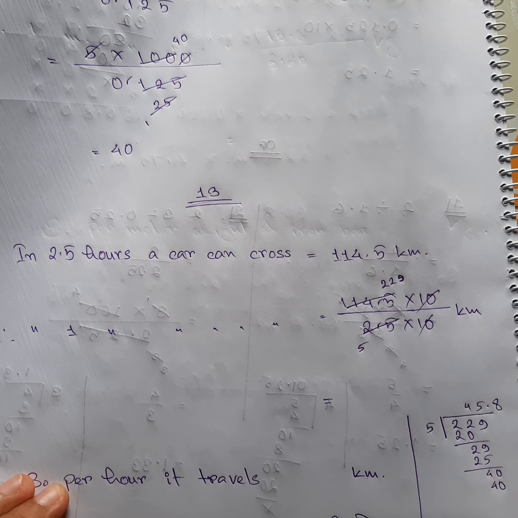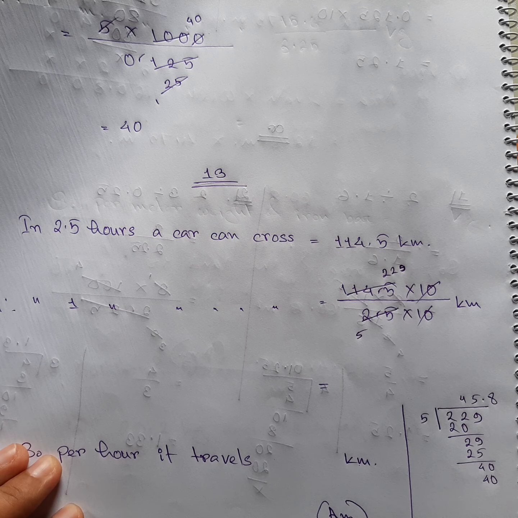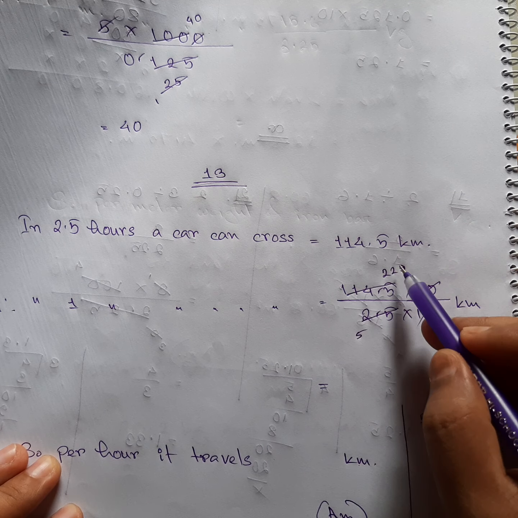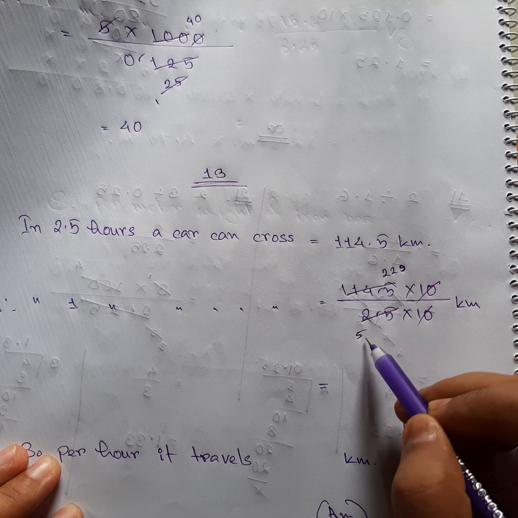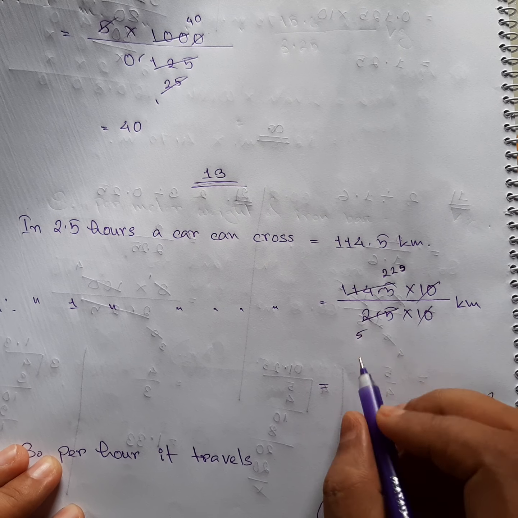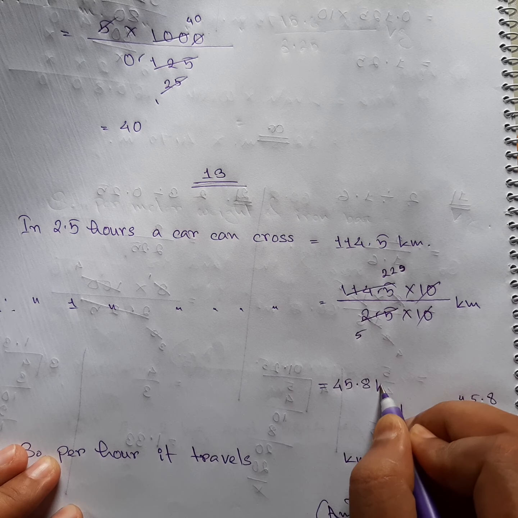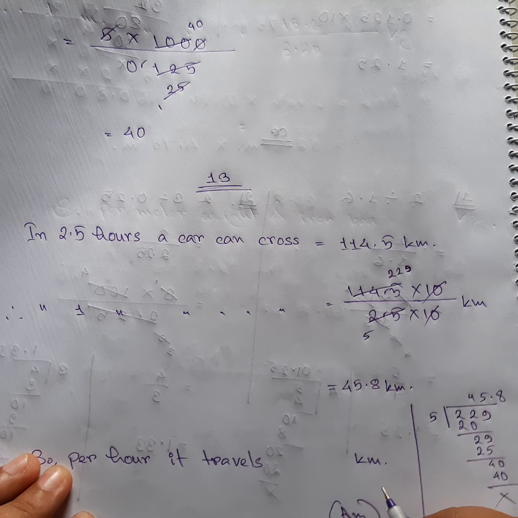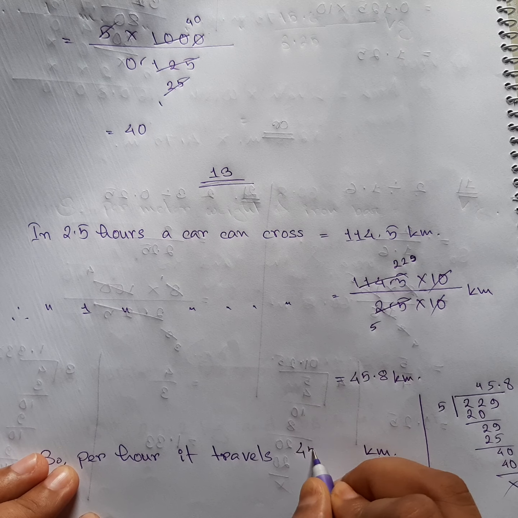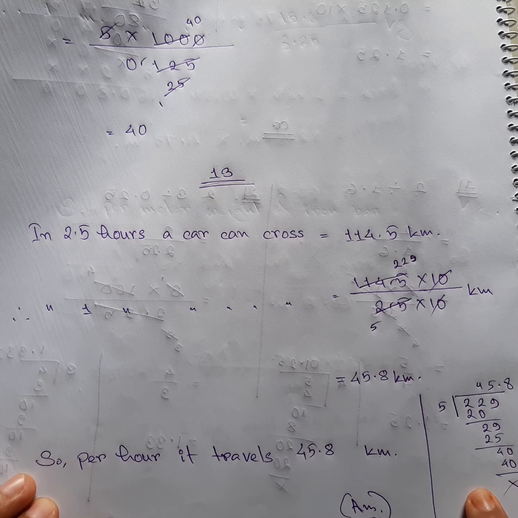I hope you can see it. It's so small. Okay, that part is done. So if we divide 229 by 5, then the answer is 45.8 kilometers. Don't forget to write down your units.